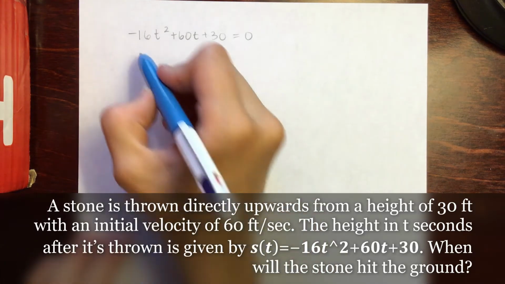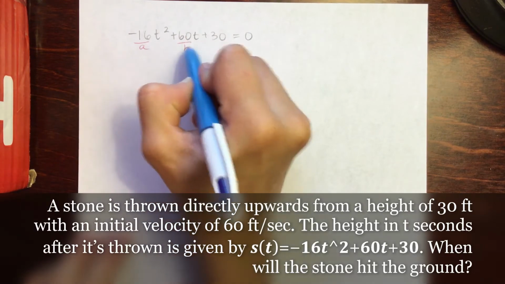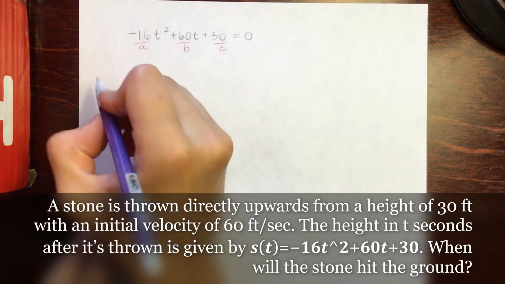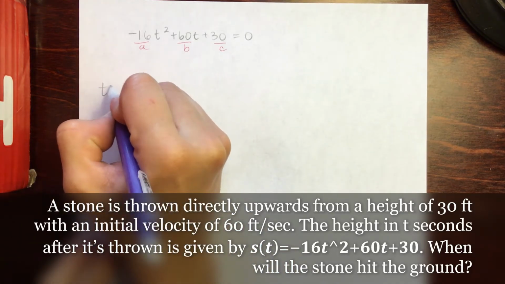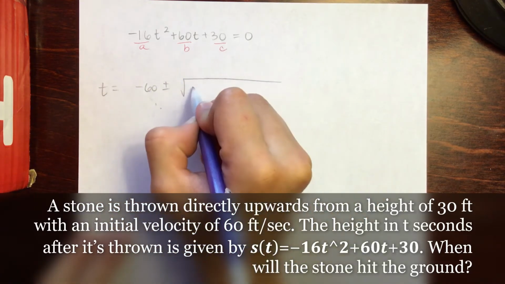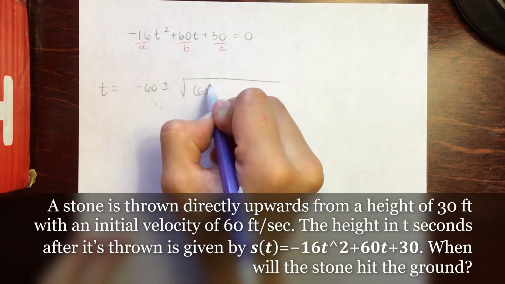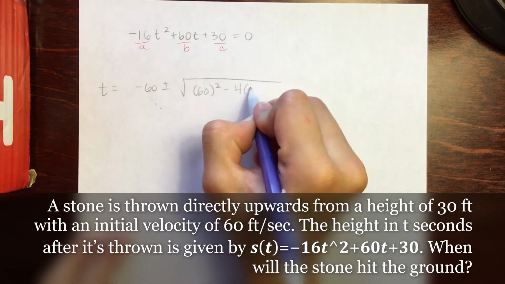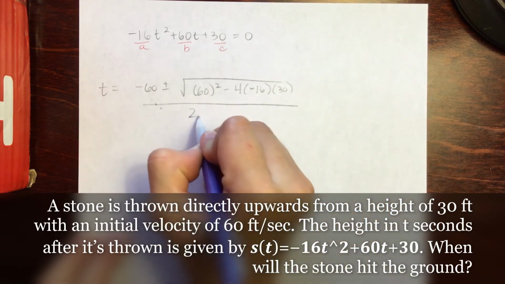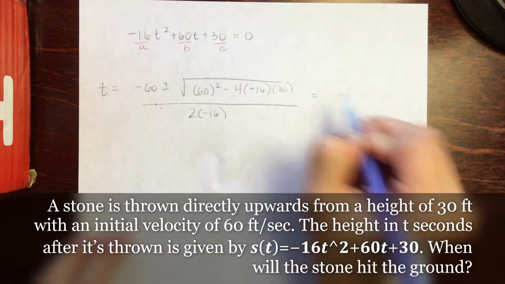This is nice because we already have it written in the right form, and it's already equal to 0, so we can quickly pick out our a, b, and c values. So x, or t in this case, equals negative b plus or minus the square root of b squared minus 4ac, all over 2a.